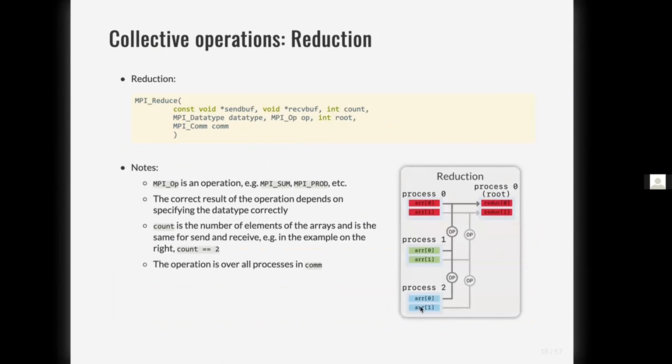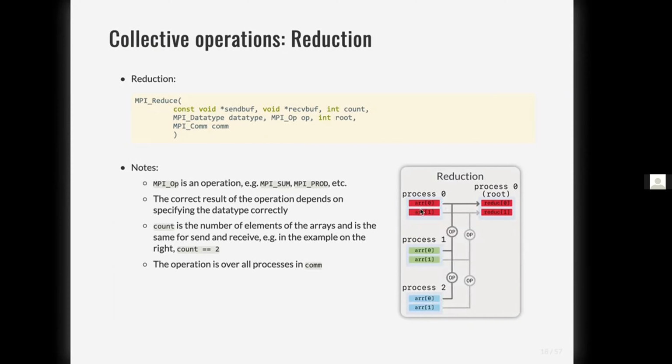So basically what you have is some arrays on the processes, and you want, as we said, to reduce the values into the root process by applying an operation. This operation might be an addition, it might be a multiplication, you might want to multiply the elements, etc.